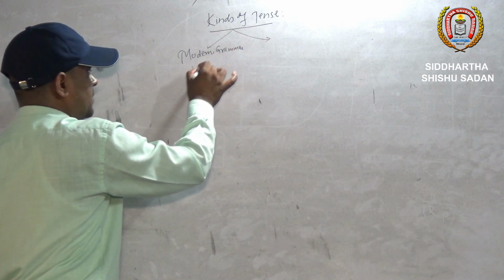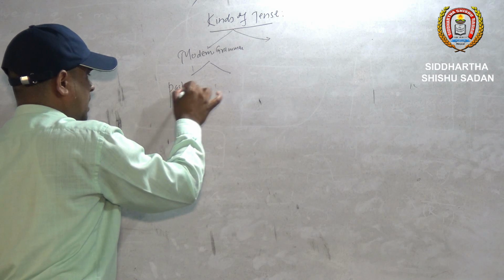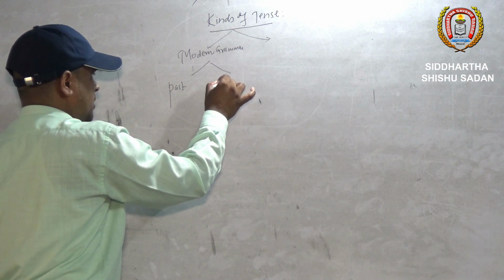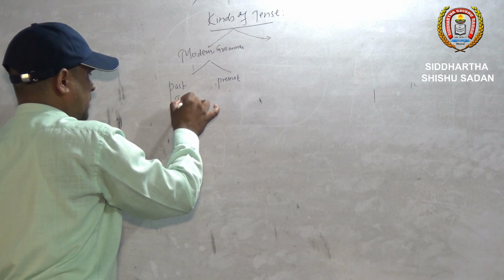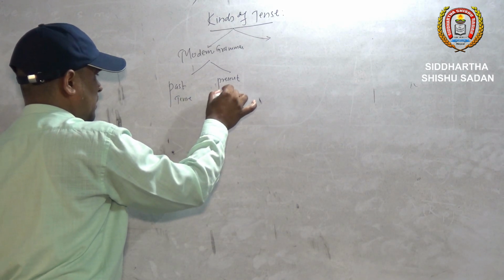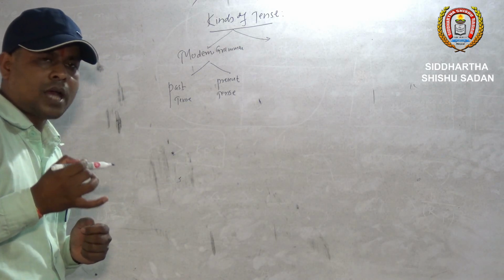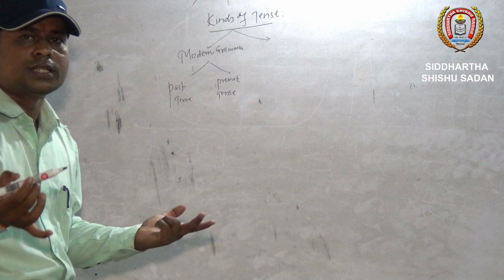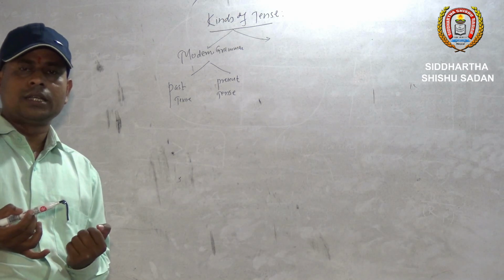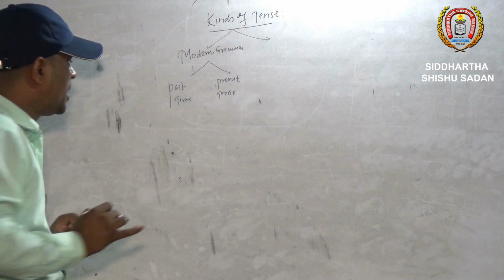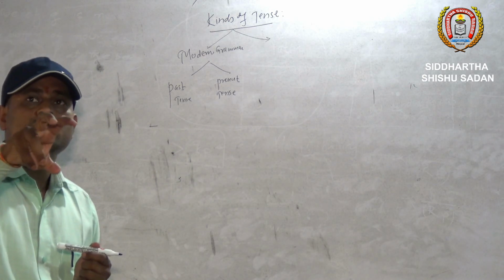Tense is of two types: past tense and present tense. The belief is that there is no future tense. Why? What's the logic? They say future tense doesn't have its own structure.